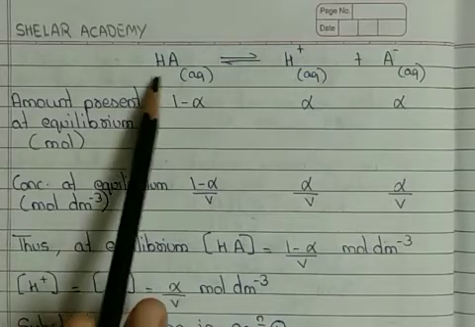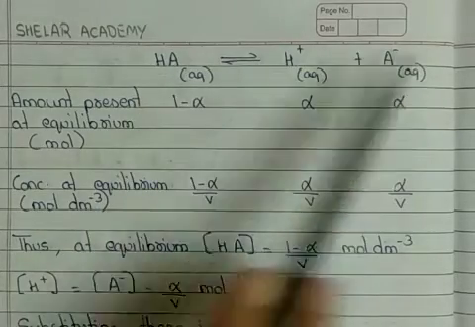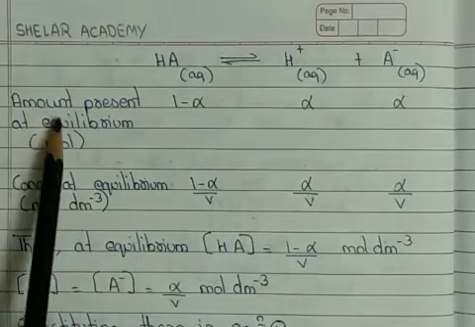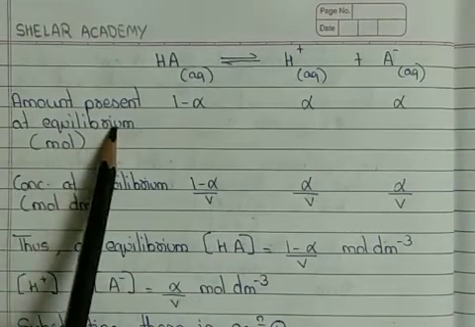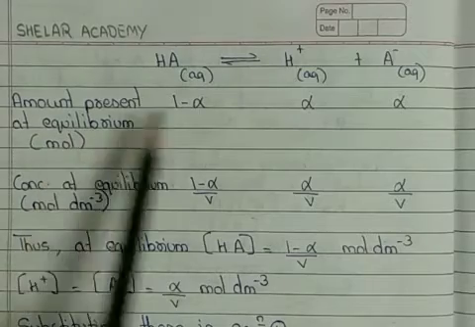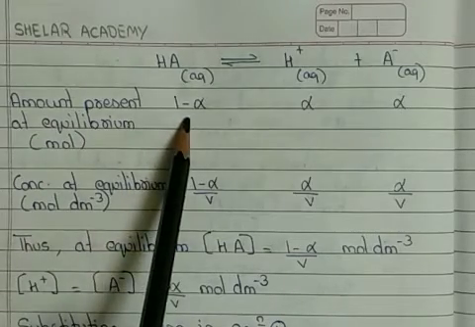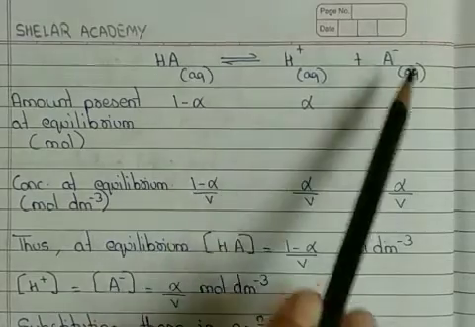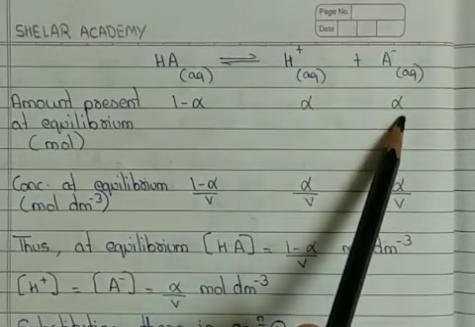So I rewrite the reaction again, HA giving H plus ions plus A minus ion. The amount present at equilibrium in terms of moles will be 1 minus alpha undissociated part, alpha which has been formed, and similarly alpha which has been formed.